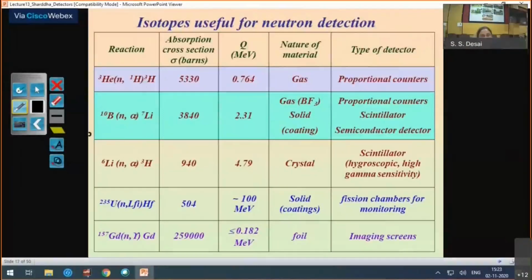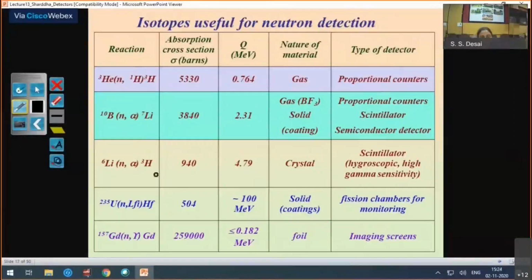So helium-3 and BF3 are the only two materials which are available in gaseous form. Again, elemental boron-10 can also be available in solid form, so coatings can be used. So these are our candidates for use in gas filled proportional detectors.